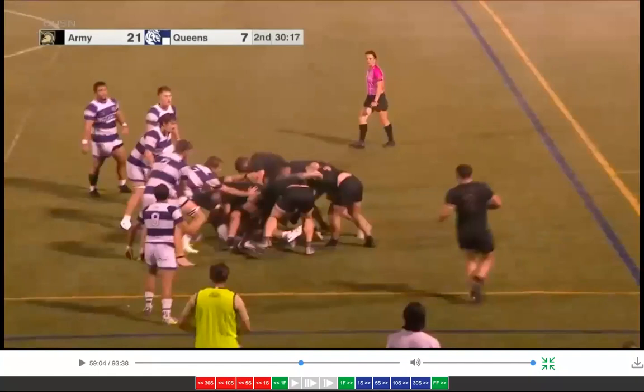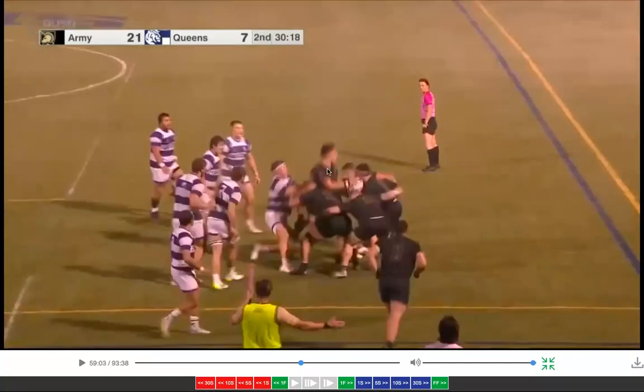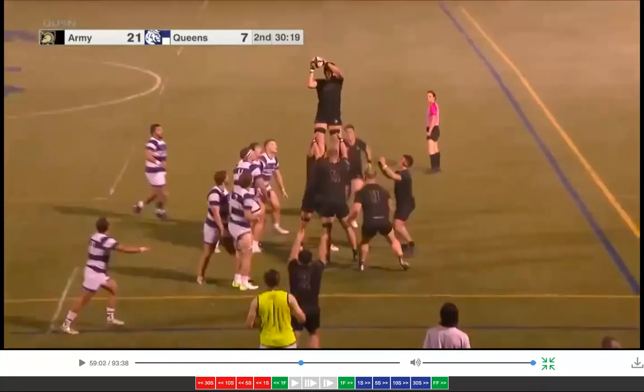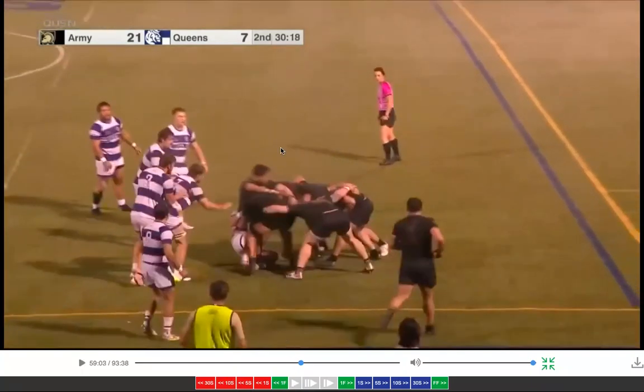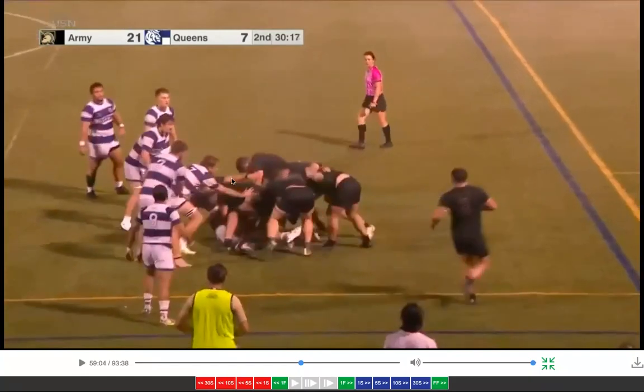So this is one of those interesting scenarios where the defense takes down the front player in this, not a maul yet, obviously, because you need players bound in. So this purple and white player is going for a really nice sack. By the time he sacks, the black player has already passed the ball back.